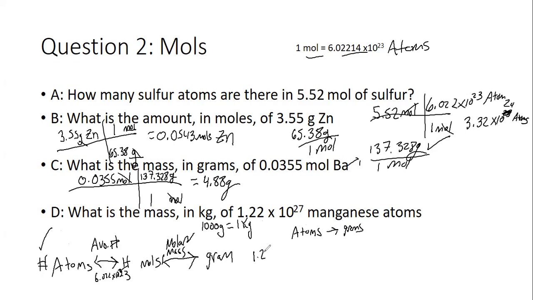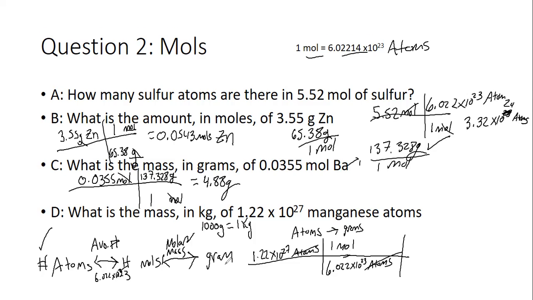So I have 1.22 times 10 to the 27 atoms. Avogadro's number says for every 6.022 times 10 to the 23 atoms, I have 1 mole. Atoms cancel out. I'm left in units of moles.